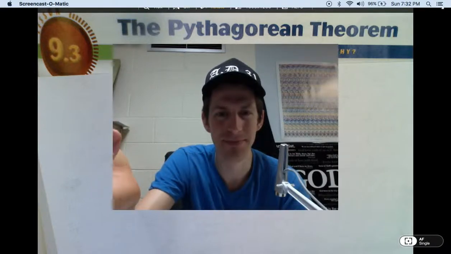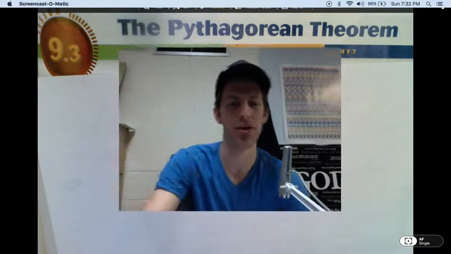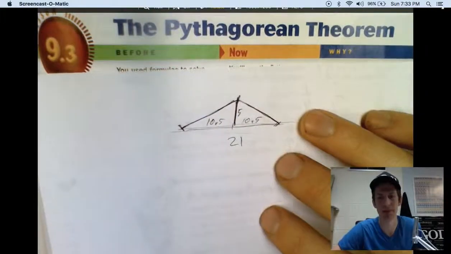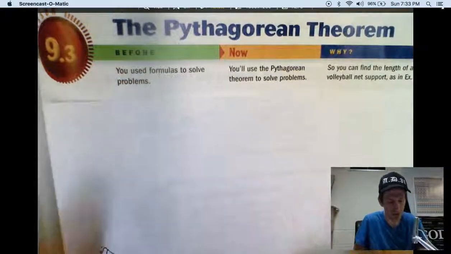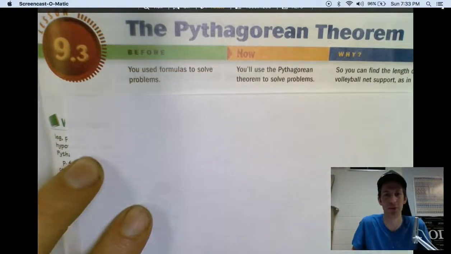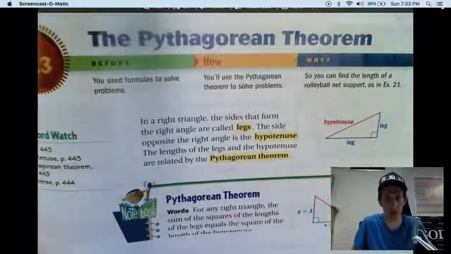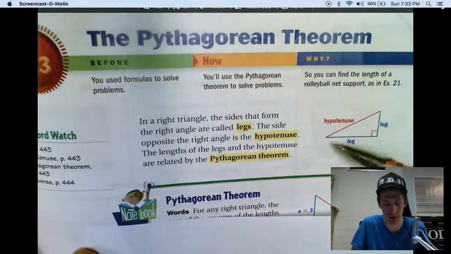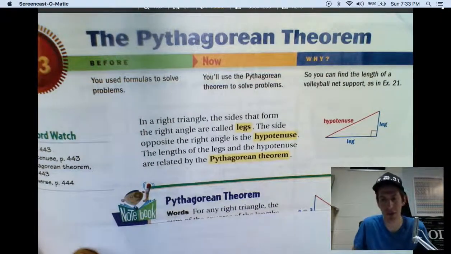Now, to some people, that sounds really hoity-toity complicated, the Pythagorean theorem, but not to you. I'm excited about today because I promise you, you will use this at some point. Right triangles are all over our world, and if you build anything in your life, you will probably encounter a right triangle, and you're going to need to figure out the length of the hypotenuse.